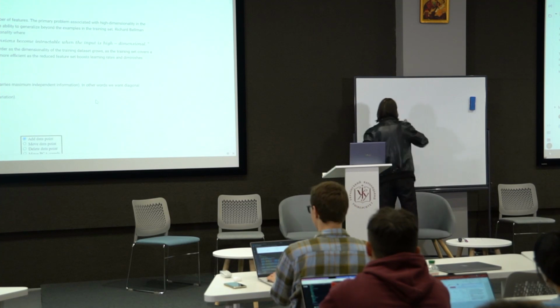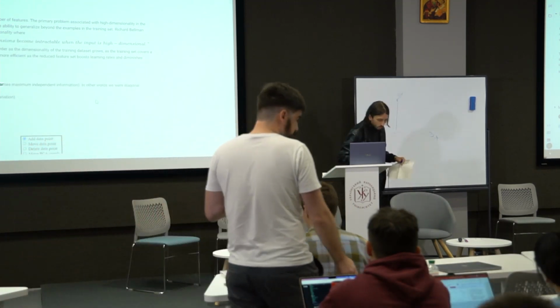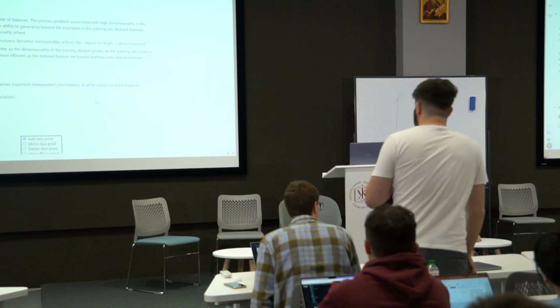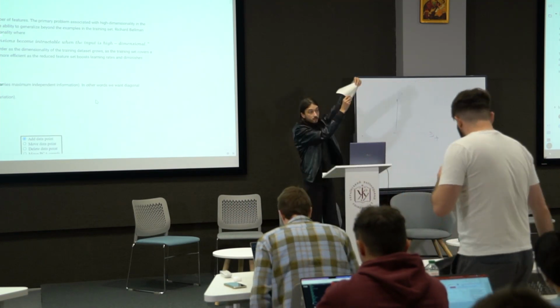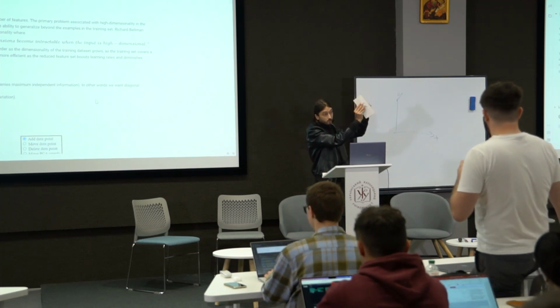So basically in this lecture, we'll be trying to squeeze these manifolds into a lower number of dimensions. So for example, if I have some coordinates, it can be something very complicated.